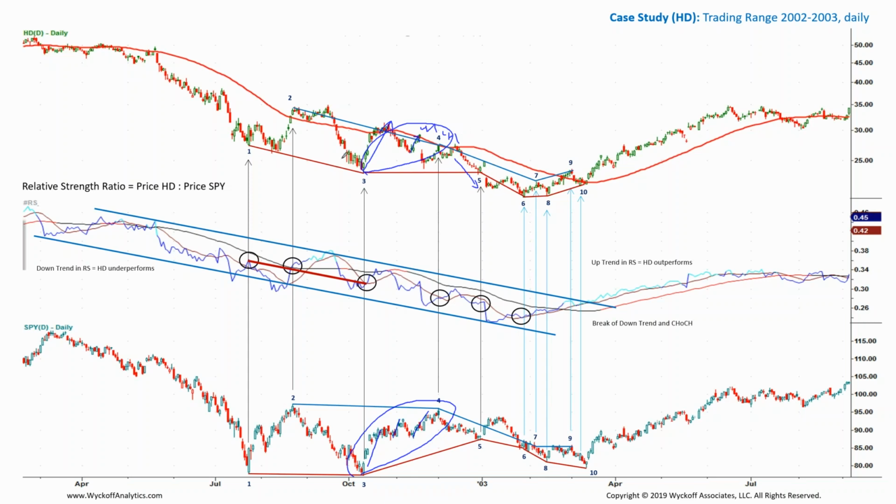So you could see how the identification of weakness in this area suggested that there might be some weakness staying forward, and that this stock is going to be underperforming the market potentially. So would we want to be in a stock like this on the upside?